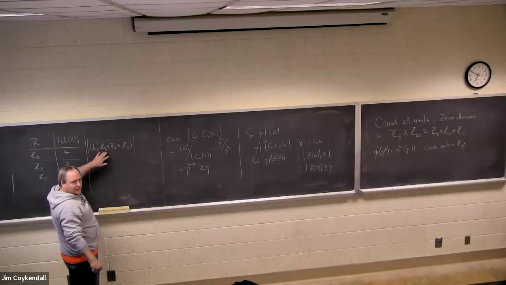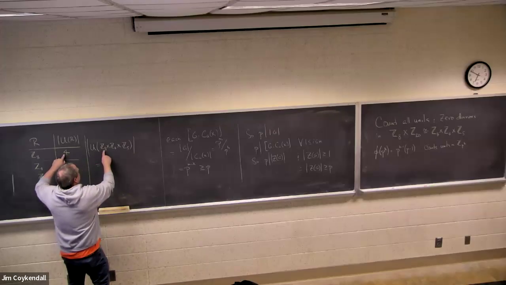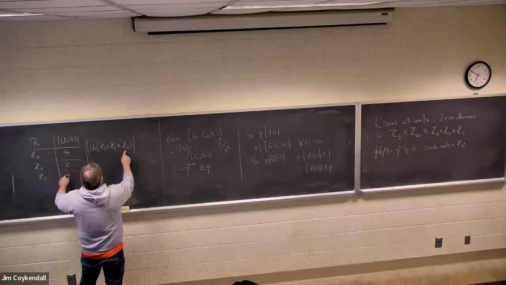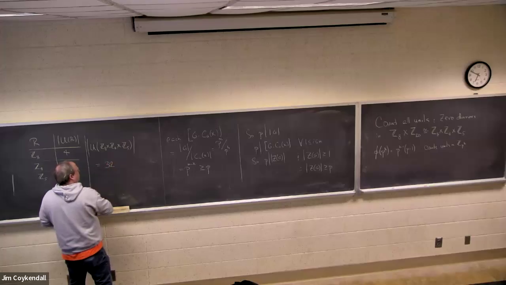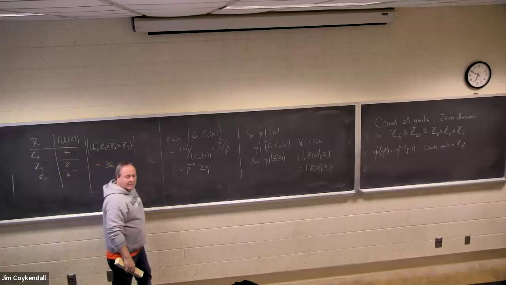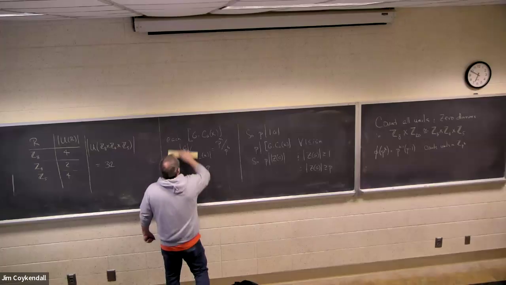So if I'm going to count, I've got 4 choices for the unit here, 2 here, 4 here. So I guess that comes to 32. Looks like there's 32 units.